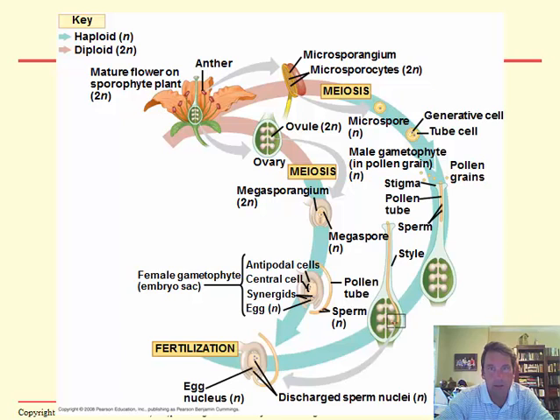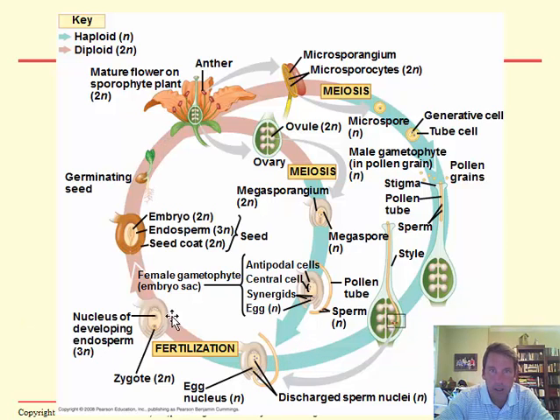Pollen is being transferred right here to the stigma, which is the tip of the female structure, and then that pollen travels down the style to where the eggs are down here in the carpel. And so fertilization will take place there and then develop into our seed and the embryo.